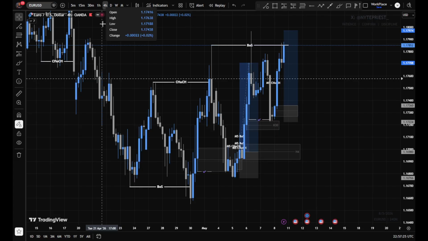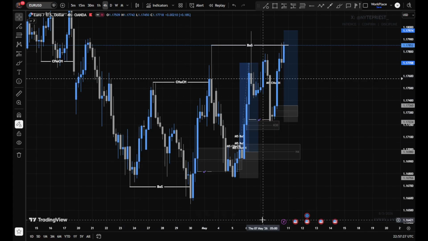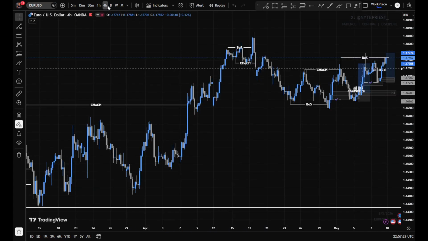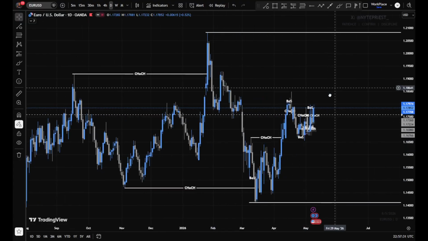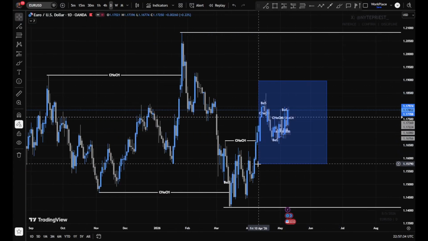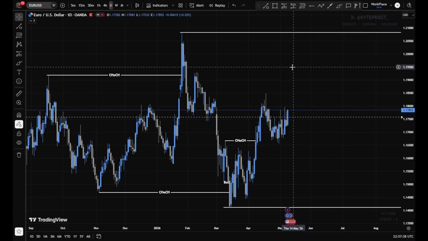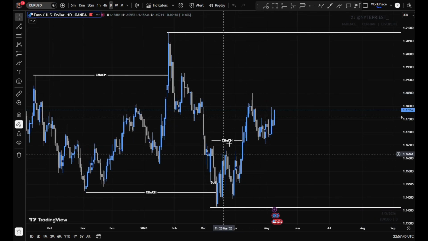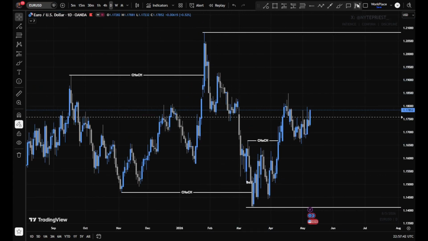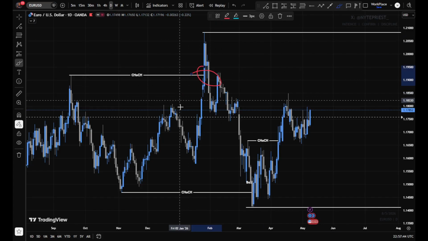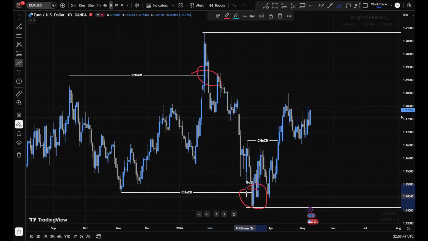So on euro USD, let's go up to the daily time frame. On the daily time frame, we have this pico structure to the upside here, and then we have a change of character to the downside.